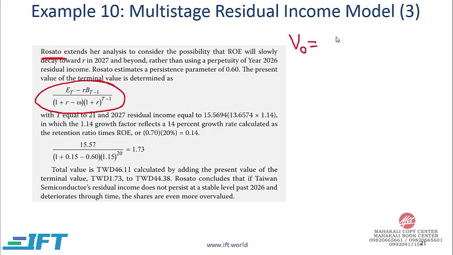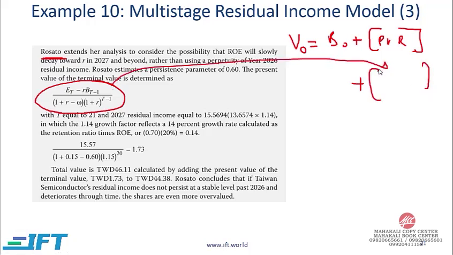V naught is equal to B naught, plus there is one term that is simply saying it's the present value of all your residuals, and then the third term is this one, which is your residual income divided by 1 plus r to the power of t minus 1, and then 1 plus r minus omega. If we say that omega is 0.6, then you just plug in the 0.6 and come up with the present value. So the calculation is fairly straightforward.